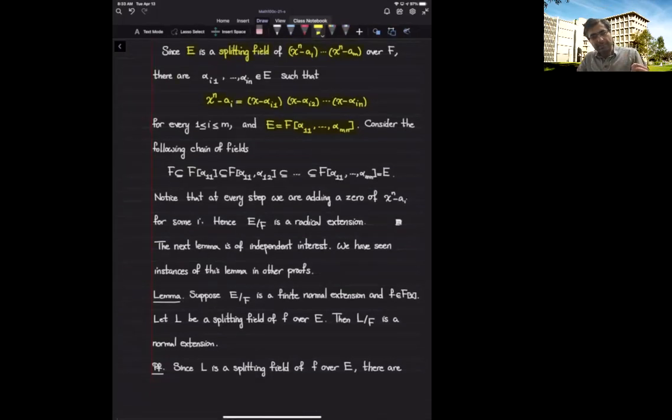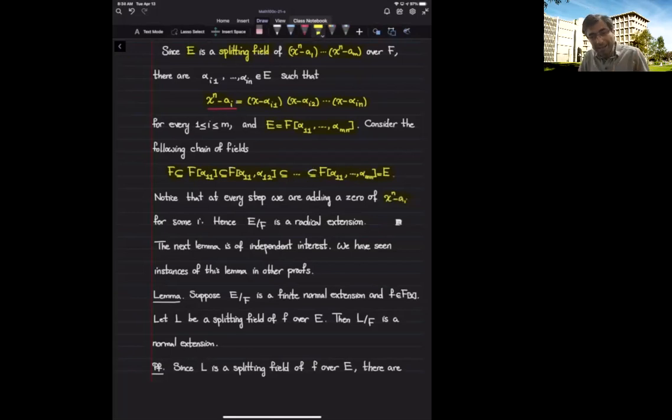Now I simply add these zeros one after another to the base field. So I start with the base field, add the first zero, then I add the next one, then the next one. And notice that each one of these alpha_ij's is a zero of one of these polynomials. So each one of the things that I'm adding is a zero of a polynomial of this form. That's the definition of being a radical extension.